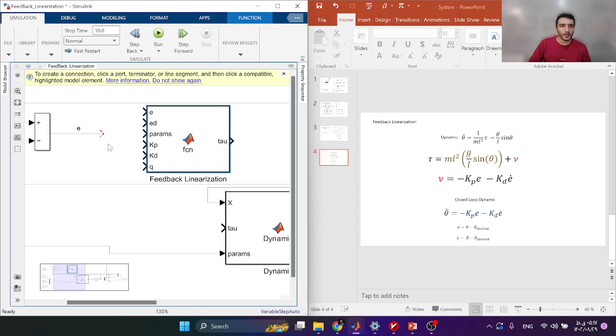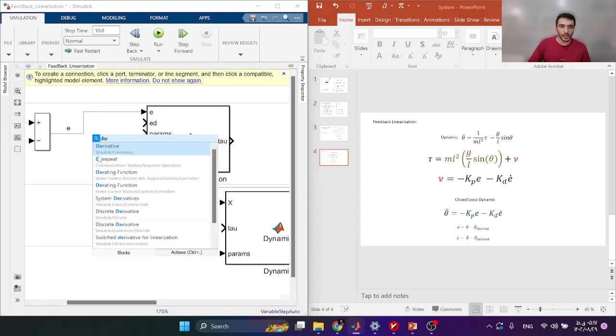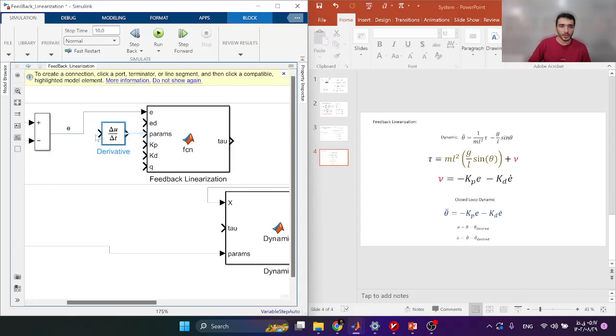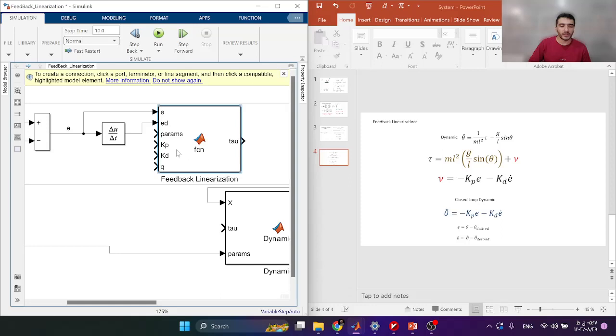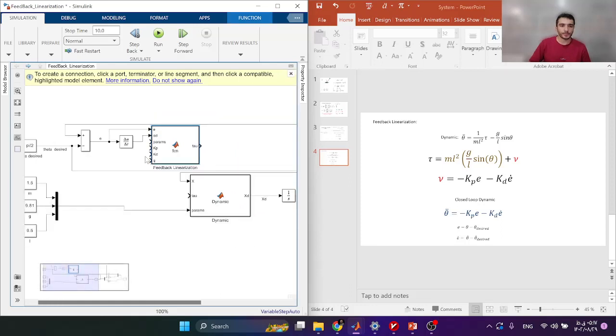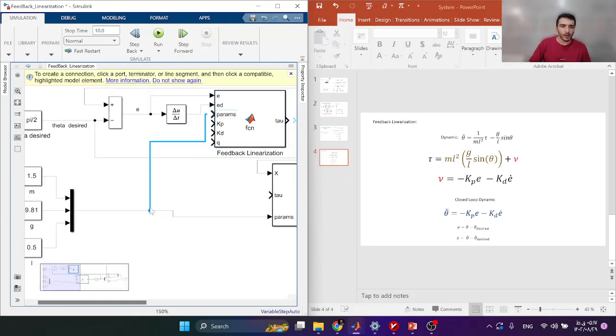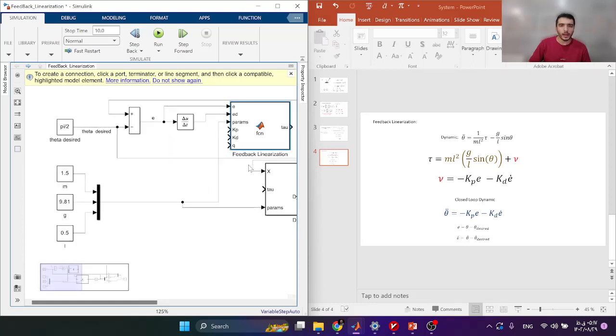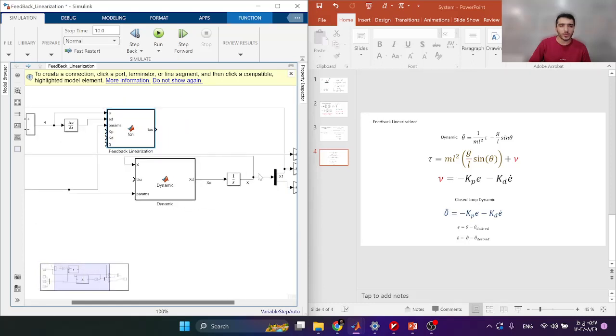Okay, the e here, we need a derivative, so I add a derivative here to derive from e and implement it to the e dot. We need the params here, and the q, that in this simulation is the x parameter.